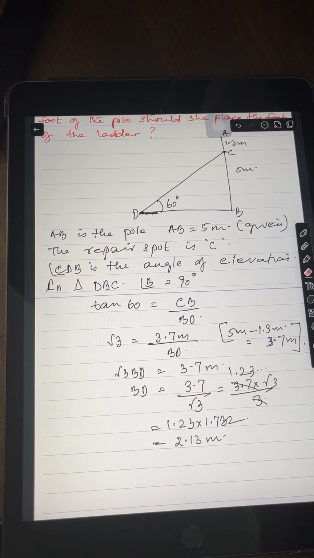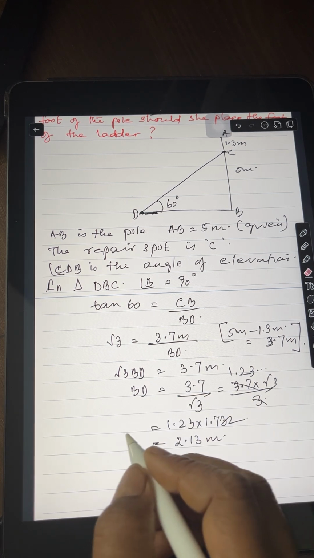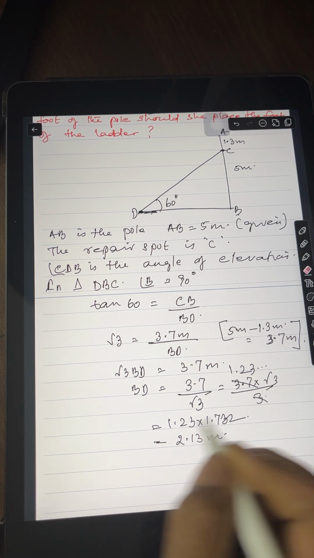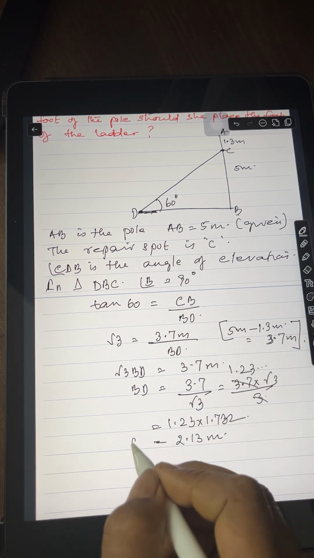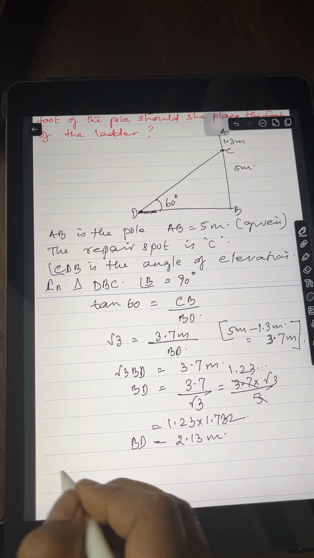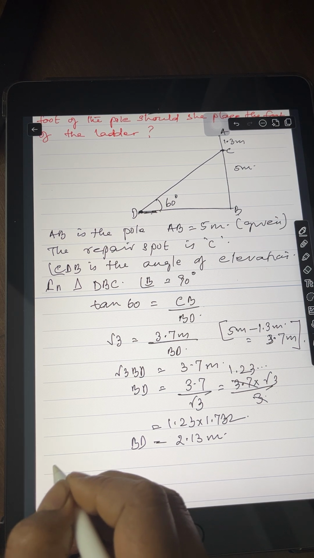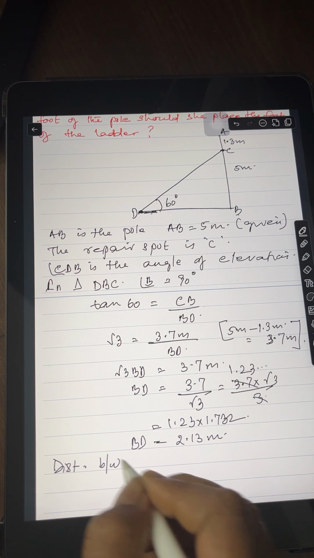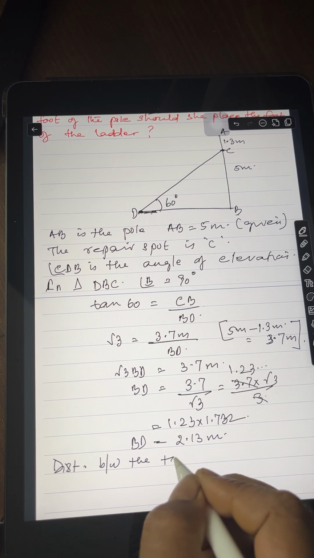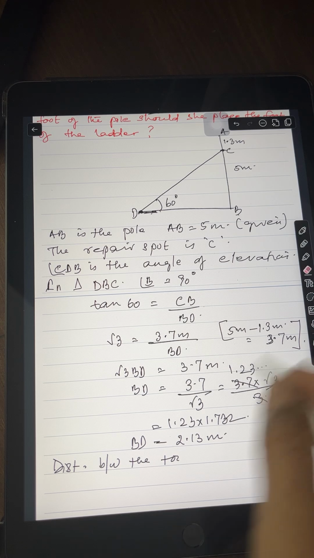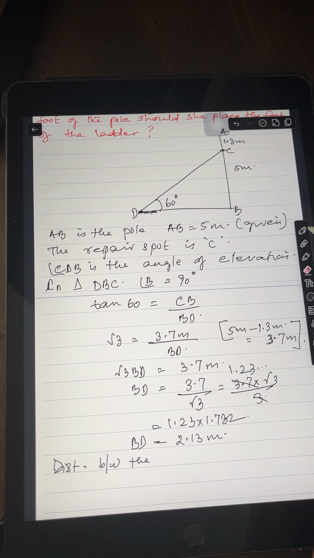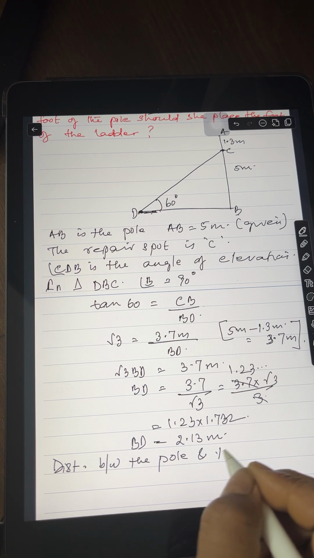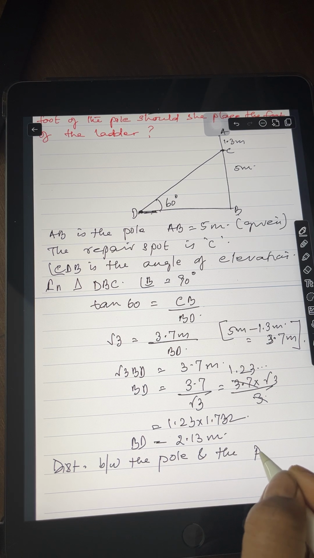Okay. So, BD you got. So, what you can write is, distance between the tower or the pole and the point.